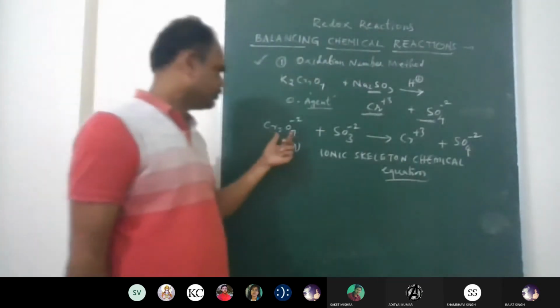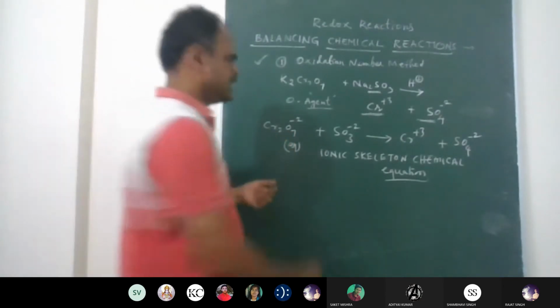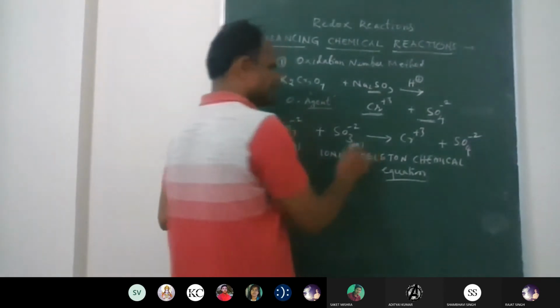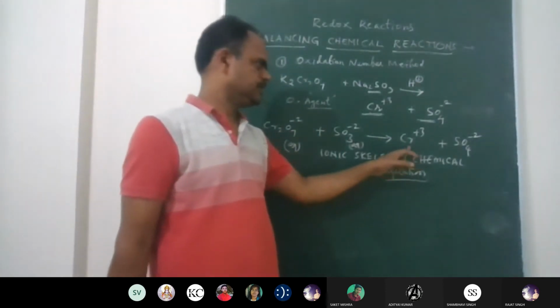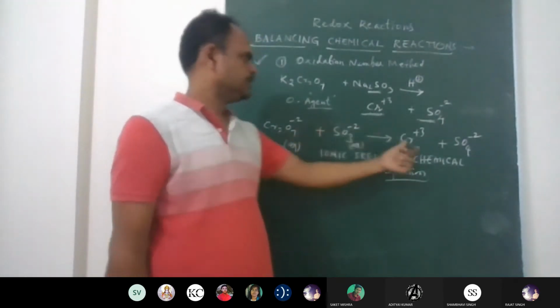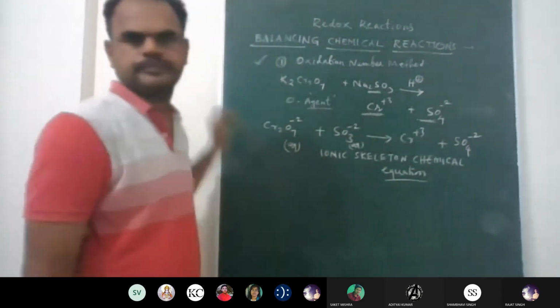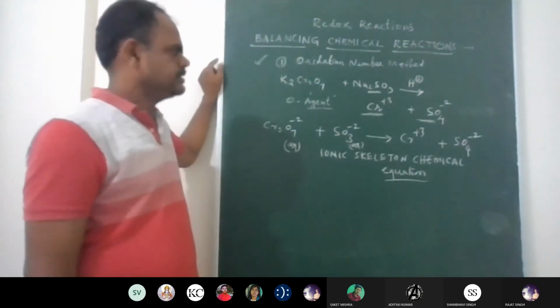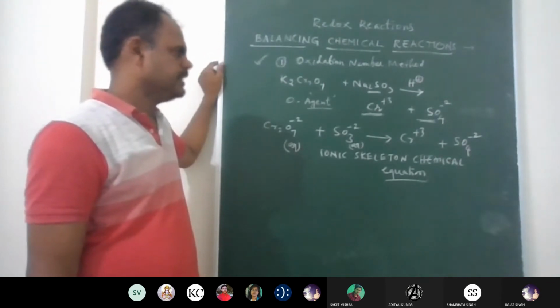So the dichromate ion in aqueous solution reacts with the aqueous solution of sulfite ion. The dichromate changes into chromic ions, and sulfite changes into sulfate. This is the ionic skeleton chemical equation.